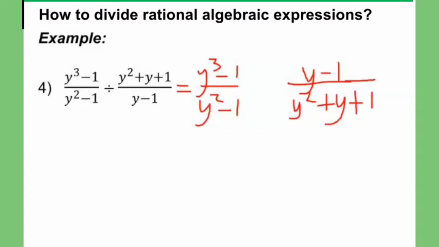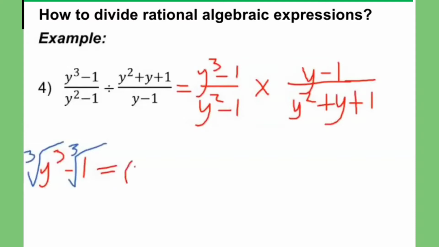And finally, we change the division operation to multiplication. So in the numerator of the first rational expression, y cubed minus 1 is a difference of 2 cubes. To factor this out, we take the cube root of the first term and cube root of the second term. So we have y minus 1.